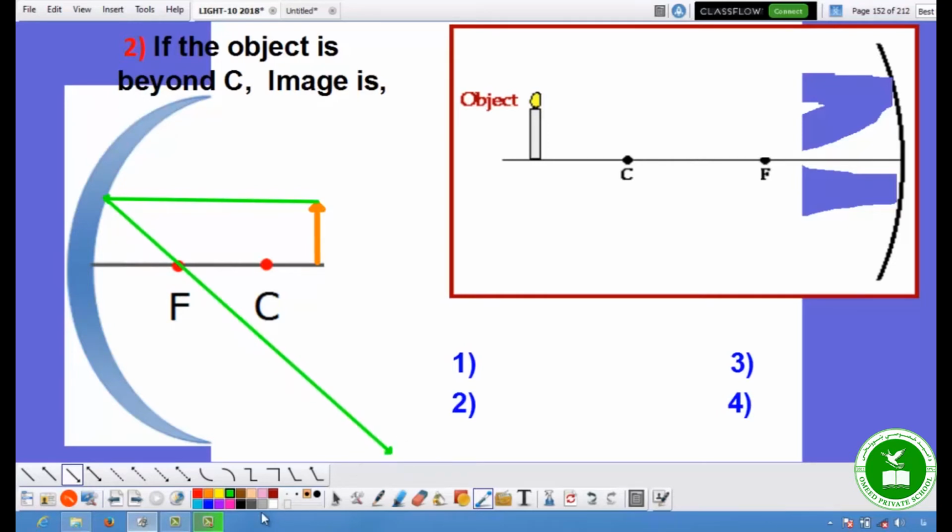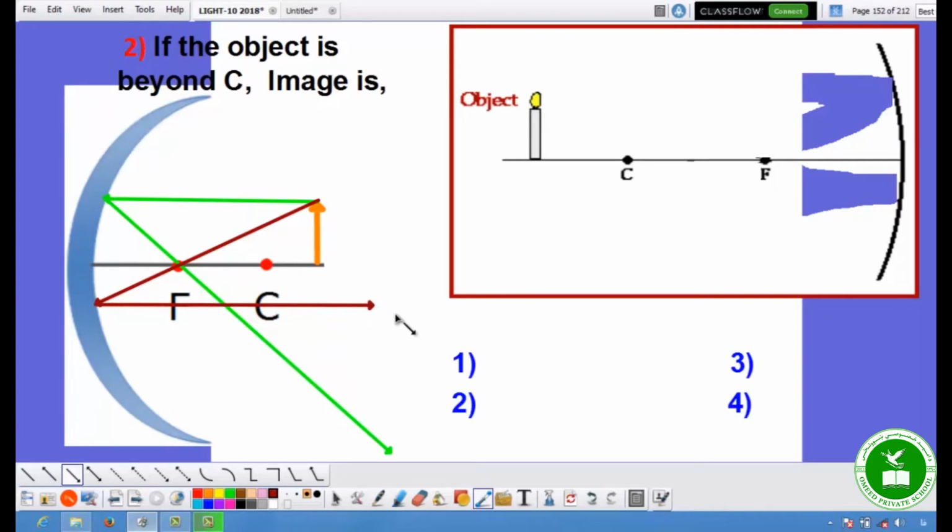Another special ray: if an incident ray passes through focus, how will it be reflected? Remember, it reflects parallel to principal axis, this way.